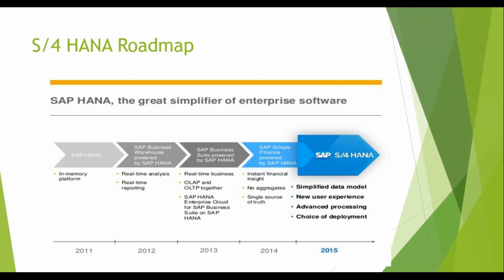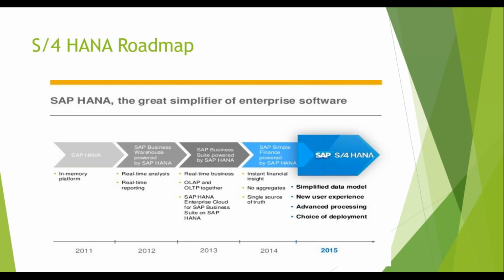So in MM, SD, PP, we are not expecting any further improvements. The improvements are expected from CRM, SRM and APO in future. This product is going to be in the development stage for the next 2-3 years, where all the different components will be merged together and everything will be available on the common platform. That is the whole purpose of coming up with this SAP S4HANA system.